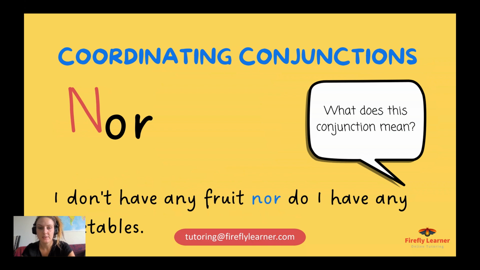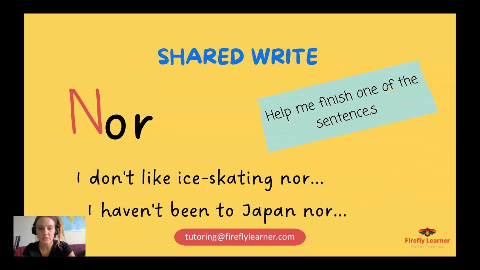So see if you can think of two endings for these sentences. I don't like ice skating, nor; I haven't been to Japan, nor. So your second clause here needs to be somewhere else that you also don't like for the first sentence or haven't been to for your second sentence.